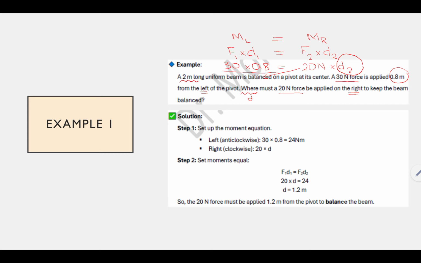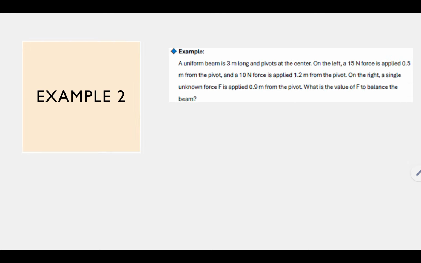So D2 will be 24 divided by 20, giving me 1.2 meters. So I need the distance on the right side of the equation to be 1.2 meters in order for the beam to stay balanced.